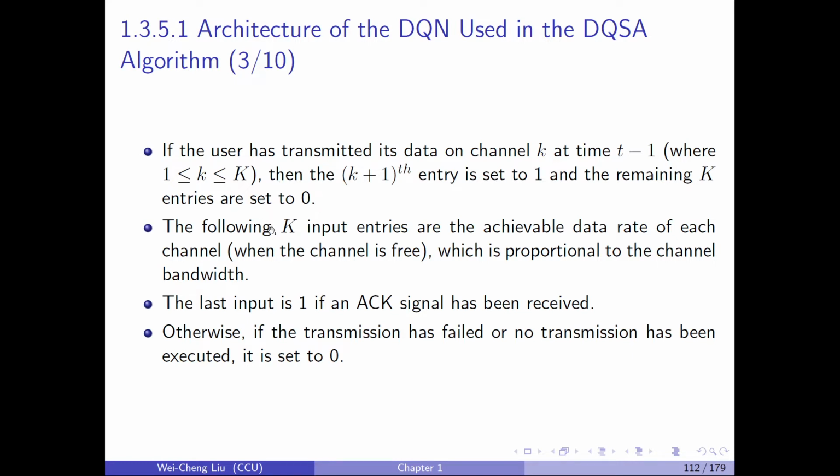The following capital K input entries are the achievable data rate of each channel when the channel is free, which is proportional to the channel bandwidth. The last input is 1 if an ACK signal has been received. Otherwise, if the transmission has failed or no transmission has been executed, it is set to 0.